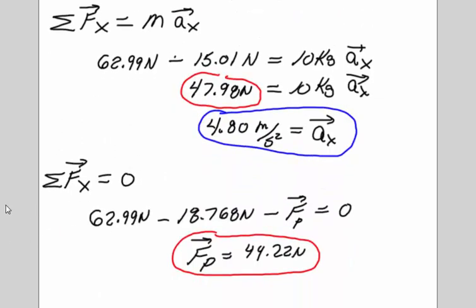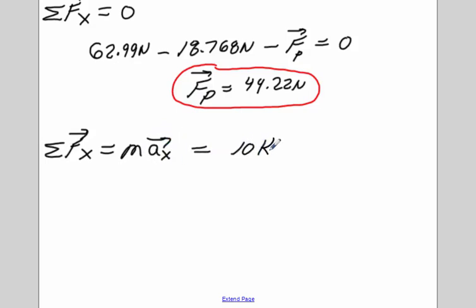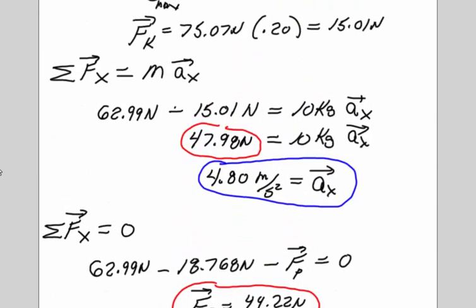So now, to determine what force is required to make it accelerate up the ramp at 2 meters per second squared, again, we sum the forces in the x direction. We're going to set that equal to mass times acceleration in the x direction. Again, we know that it's going to be 10 kilograms, but we're going to make it go up at negative 2 meters per second squared because we determined up was negative. So I'll go back to my free body diagram.